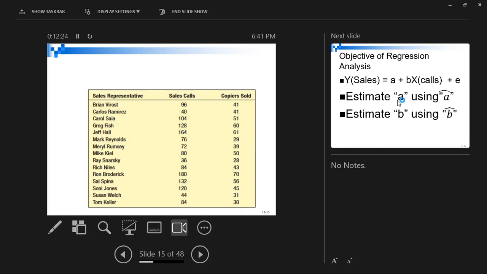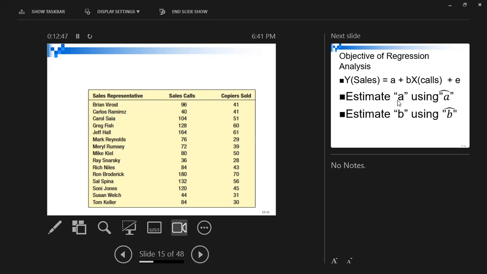Y is equal to A plus Bx plus E, in the sense that we recognize that the relationship between Y and X is not exact. So our ability to predict Y using X is going to have error in it.